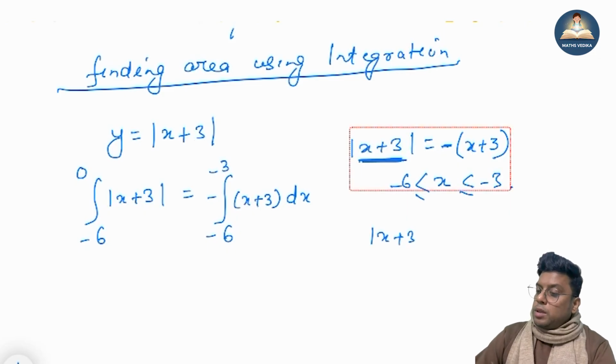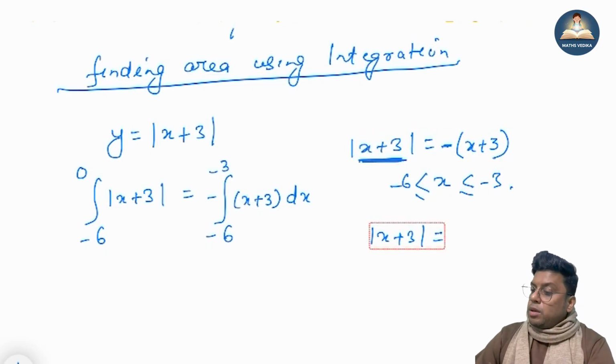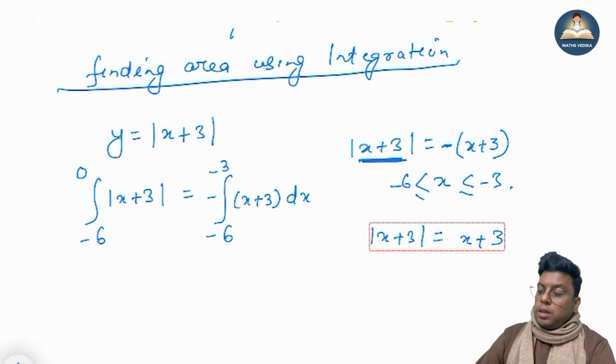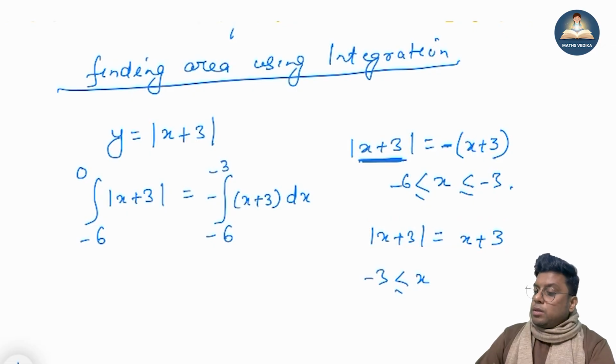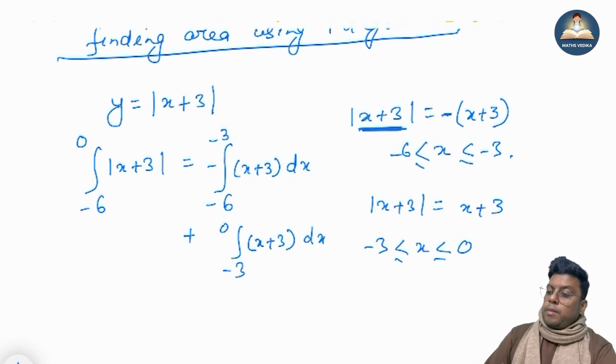Now x + 3 is positive when x is greater than or equal to -3 and less than or equal to 0, so after removing the mod sign, this will simply be x + 3. So plus the integral from -3 to 0 of (x + 3) dx.